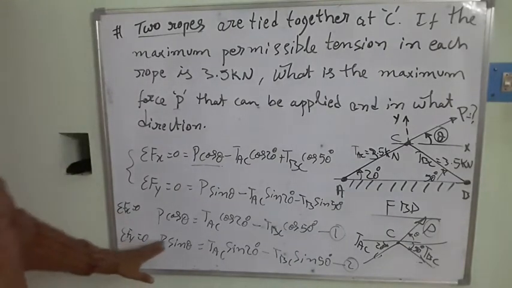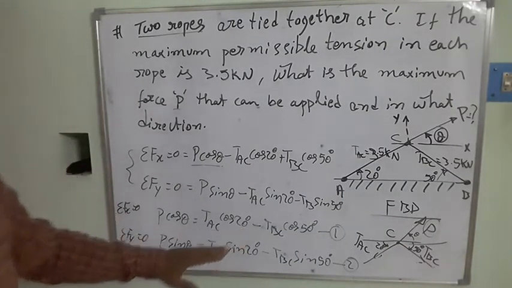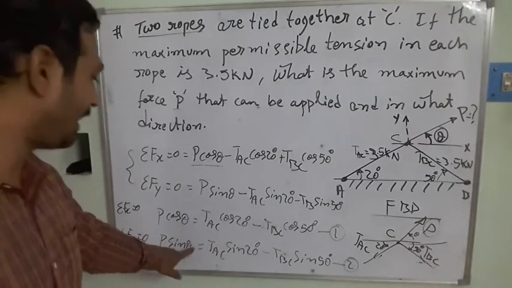I am going to divide equation 2 by equation 1, so that I am going to get the theta value.